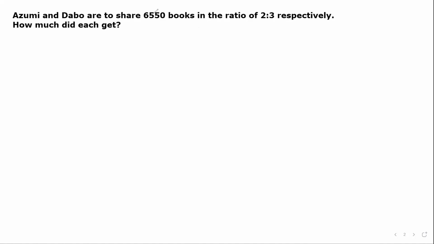So respectively means Azumi's number here is 2 and Double's number here is what? 3. So the fraction for Azumi will be 2 out of the total ratio, and the fraction for Double will also be 3 out of the total ratio.